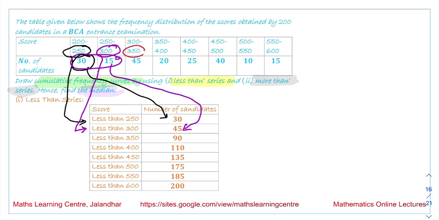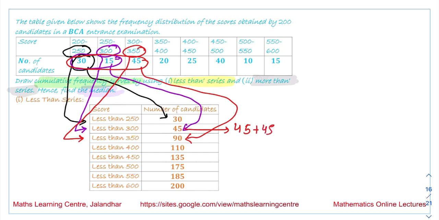Then the number of students having less than 350 marks is the sum of all these three, which is 90. This 90 we obtain from 45 plus this 45. The next value we will have is 20 plus 90.